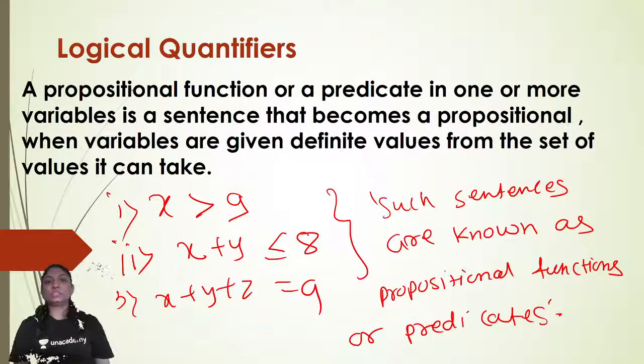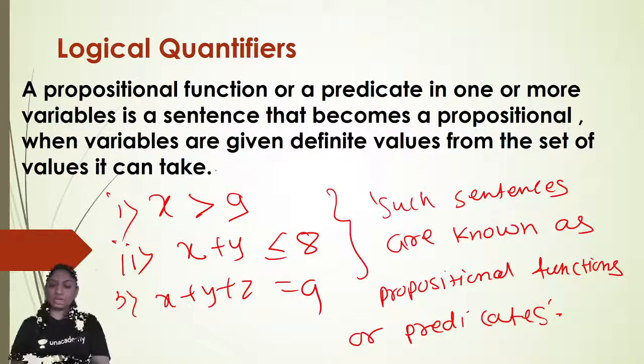Right? So this is your logical quantifiers. It means these propositional functions or predicates in one or more variables are sentences that become propositions when the variables are given definite values from the set of values they can take. The values which the variable assumes constitute the collection called the universe of discourse.